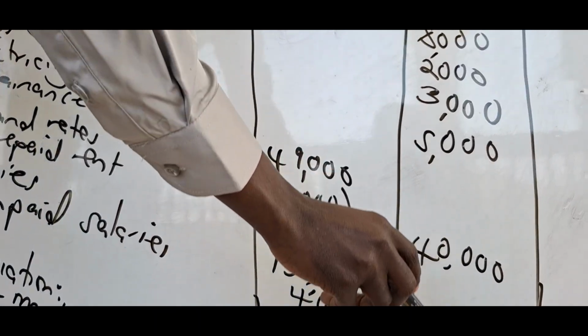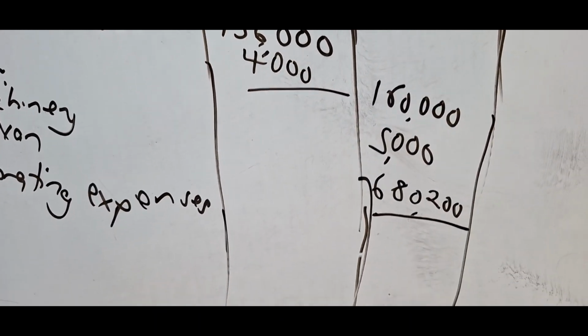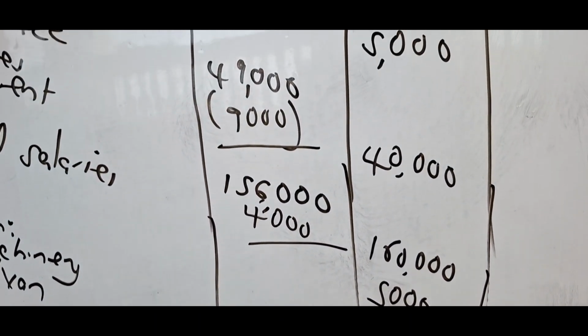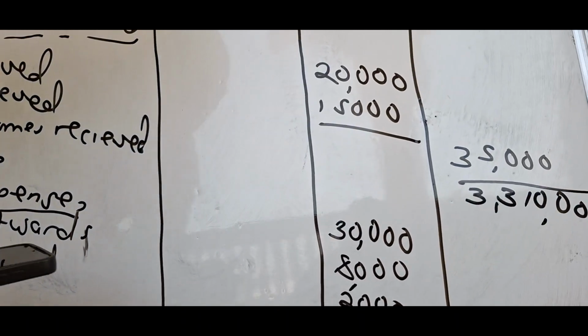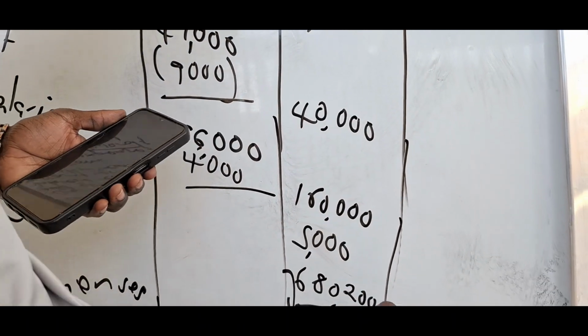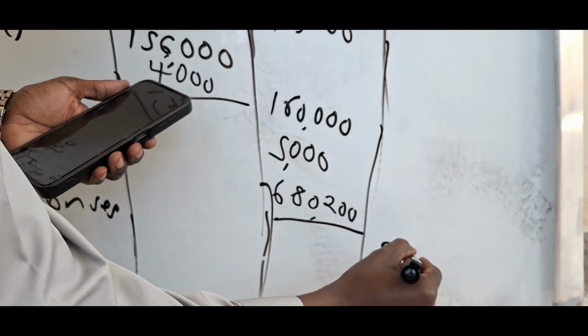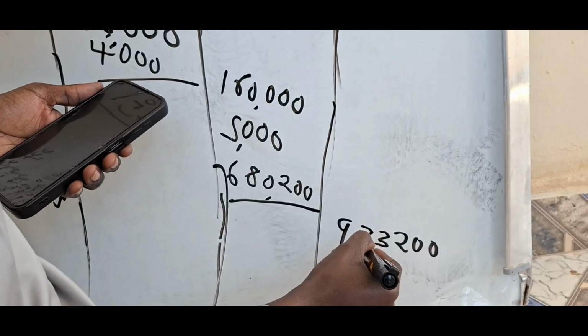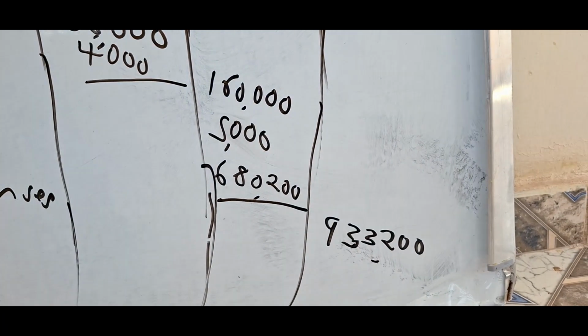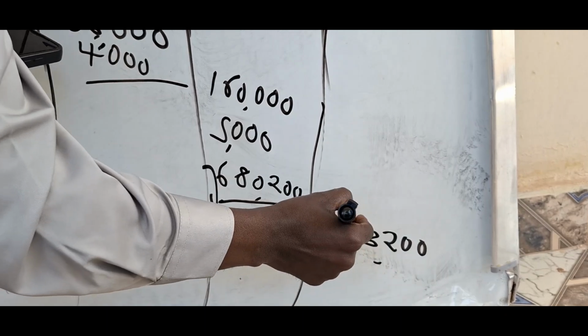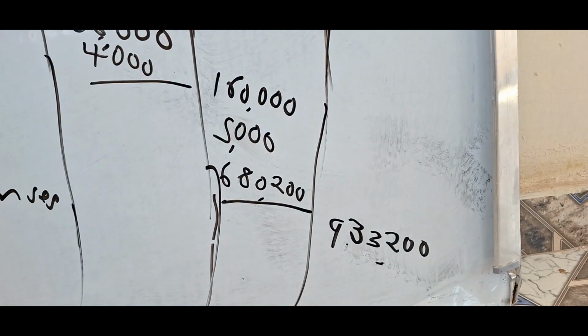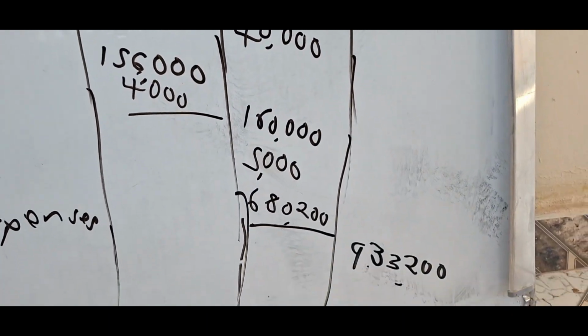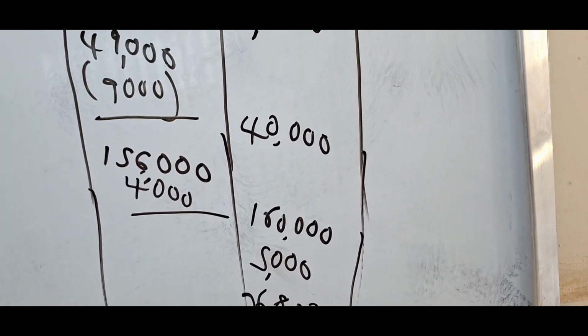You add all this total, and then your answer will be 933,200. Now you have all your operating expenses, even you have your gross income here.